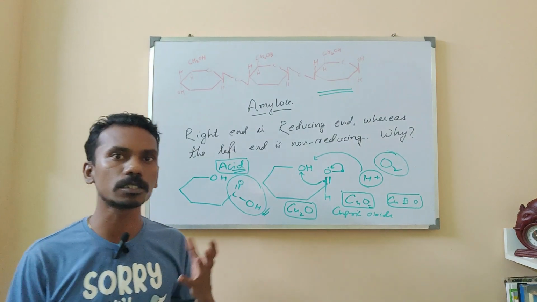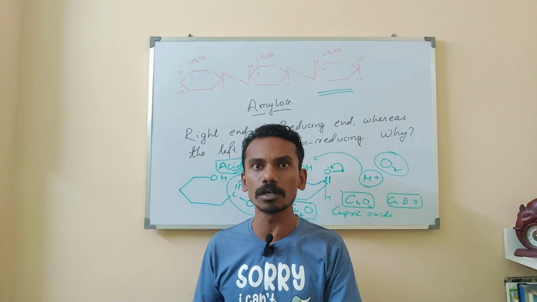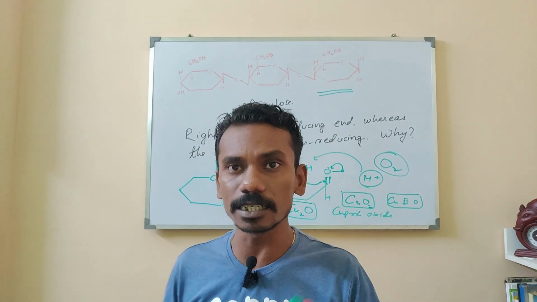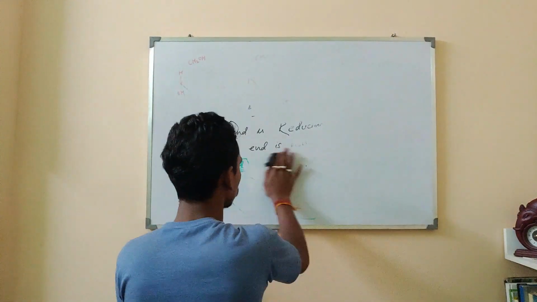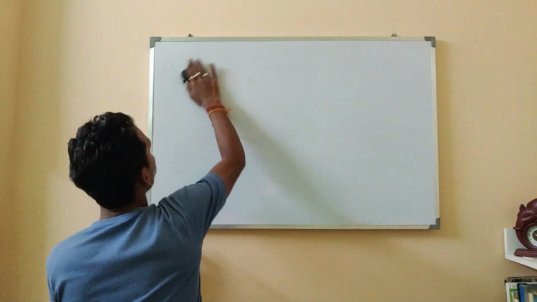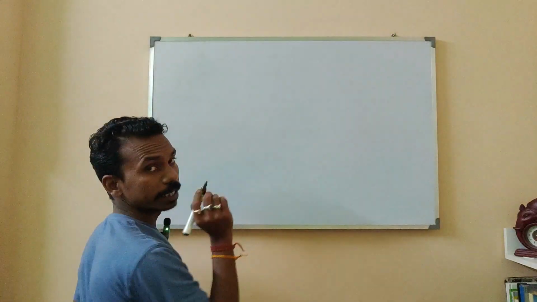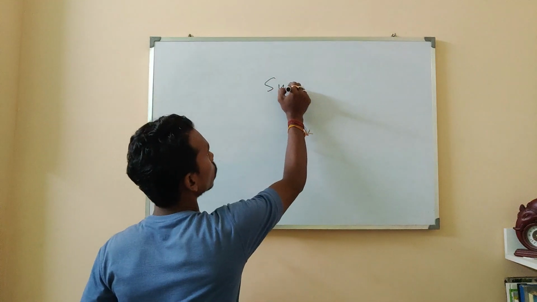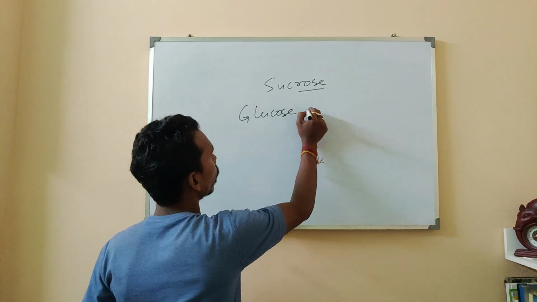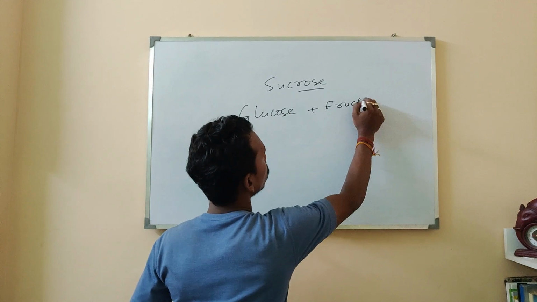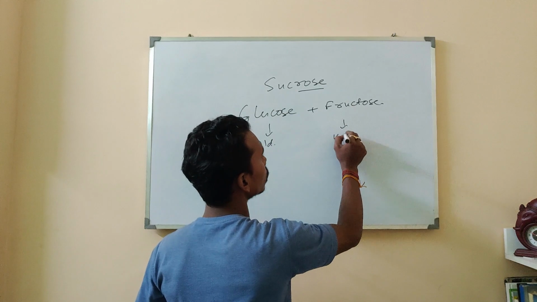If you talk about the sucrose molecule, is it a reducing sugar or a non-reducing sugar? So let's see the structure here. The sucrose molecule is made up of glucose and fructose. Glucose has an aldehyde group and fructose has a ketone group.